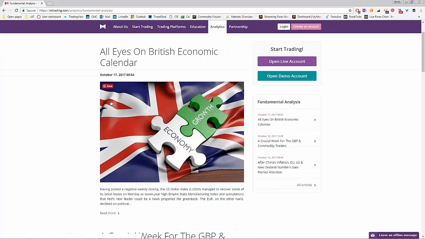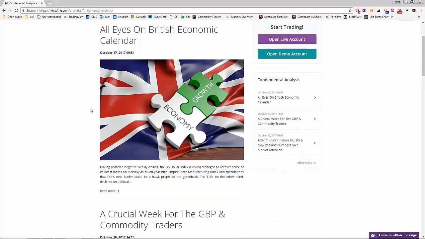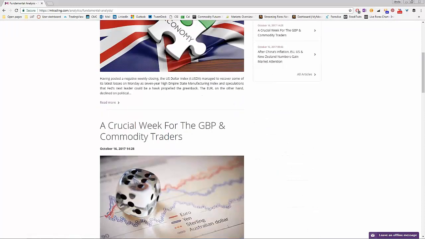One of the key articles that's been written on M Trading's website is All Eyes on British Economic Calendar. With Brexit, there is a lot of impact that's taking place. If you wanted better information, please do go into this tool here, which is known as fundamental analysis, and look at the top 5 articles.